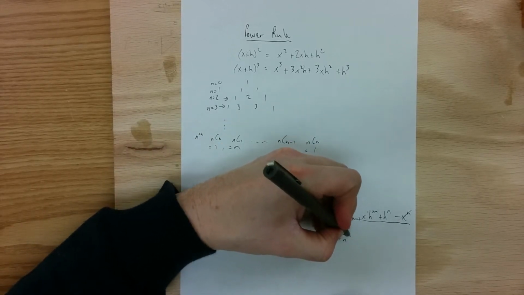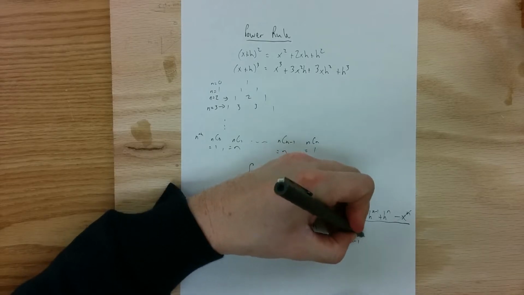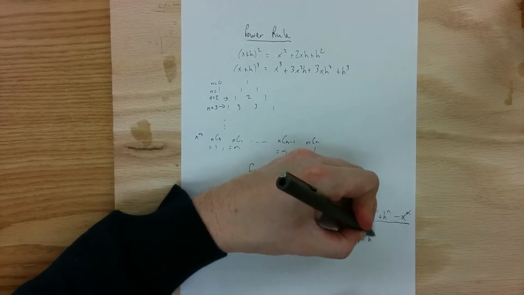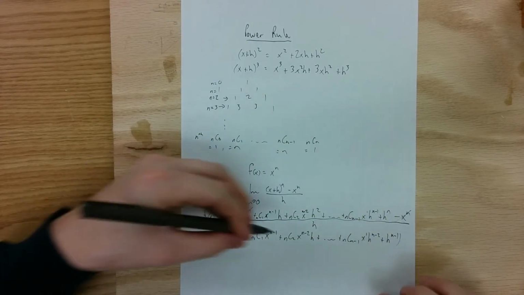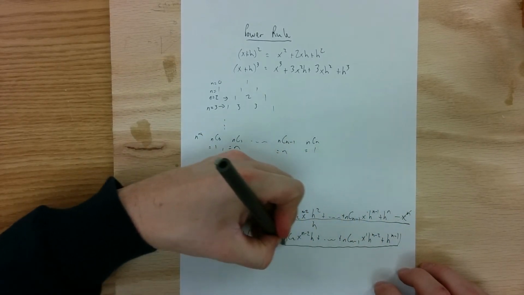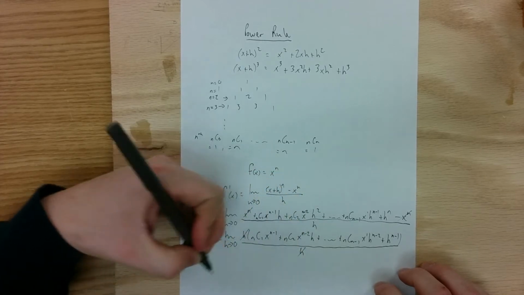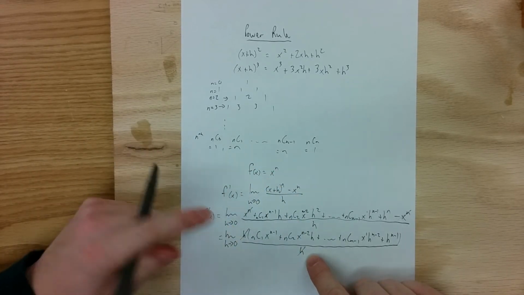We're going to have n choose n minus 1 times x to the 1 times h to the n minus 2, and our last term is going to be h to the n minus 1. We'll close that bracket. All of that is over h. Those h's then divide out.